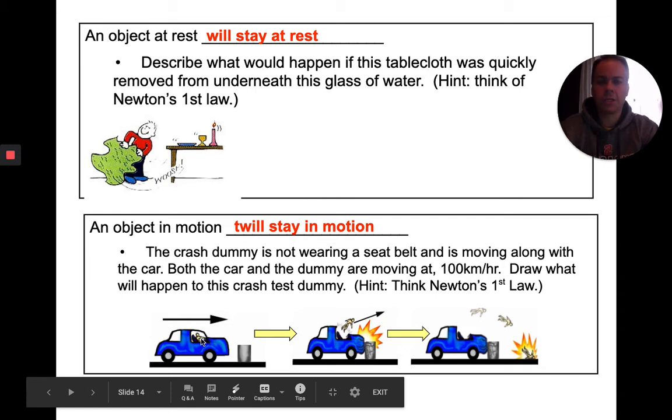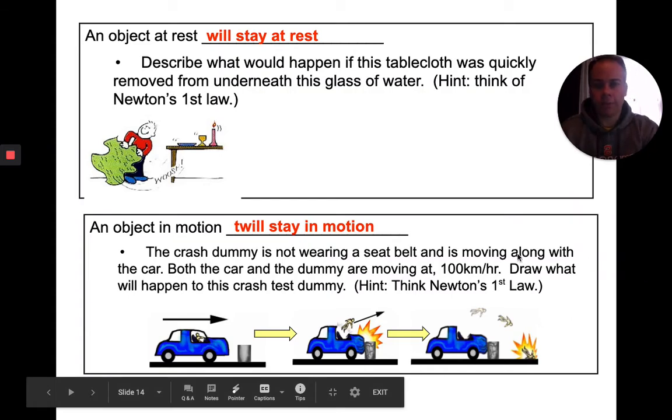However, the crash test dummy inside, because of Newton's first law, is going to continue moving. It was moving forward with the speed of the car. The car stopped. However, the crash test dummy continued moving and gets propelled out of the car.